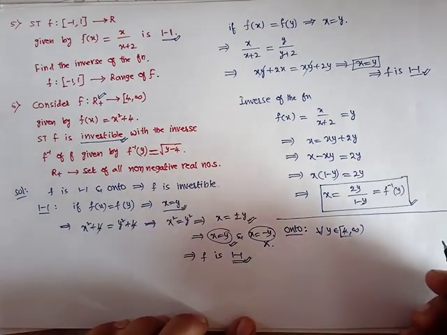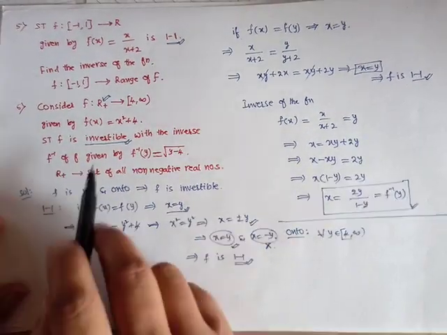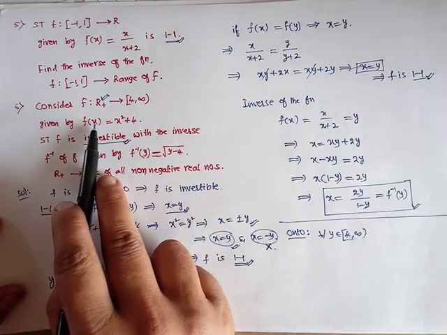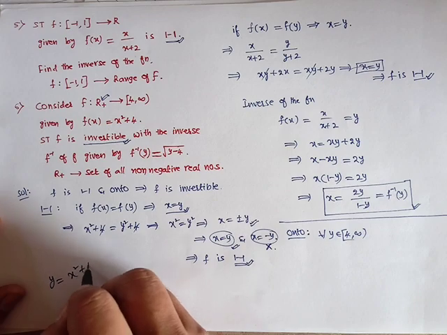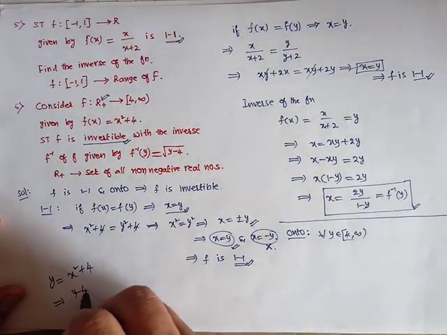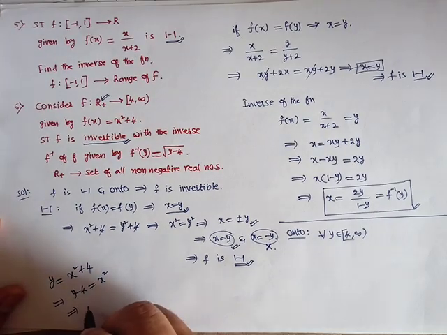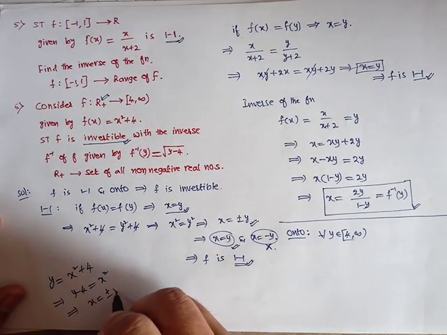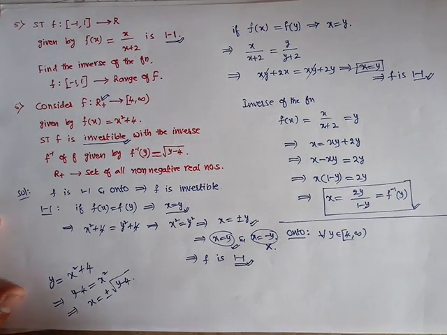Now you equate y = f(x) = x² + 4, then y − 4 = x², so this implies x can be taken as plus or minus √(y − 4).